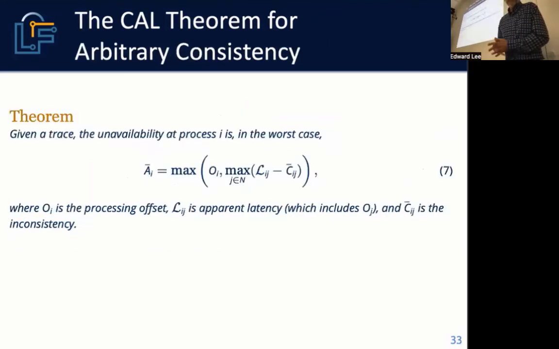So this reduces to this rather compact theorem, which is that unavailability is the maximum of the processing offsets and the apparent latency minus your tolerance for inconsistency. And you can see immediately how the CAP theorem, Eric Brewer's CAP theorem, follows from this, right? Because if you have very large latency, your network is broken.